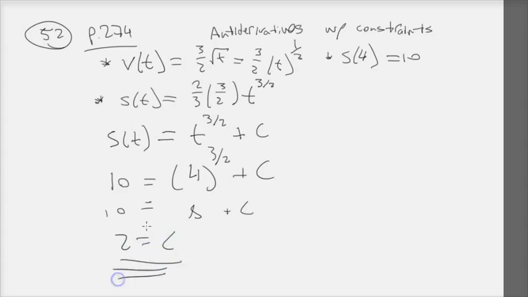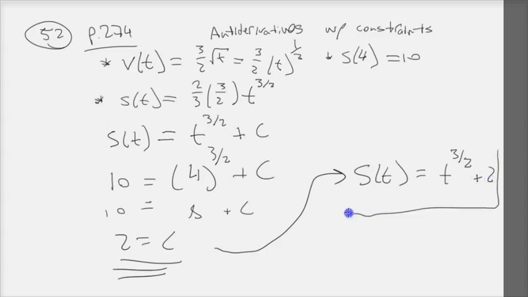So c is 2. That's what that shift is going to be. And so we can plug it in up to the top to the general equation, and we get the displacement equation is equal to t to the 3 halves plus 2. And there we go. We don't have any unknowns. That's how you do it.